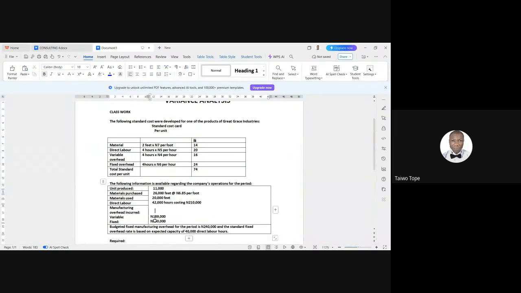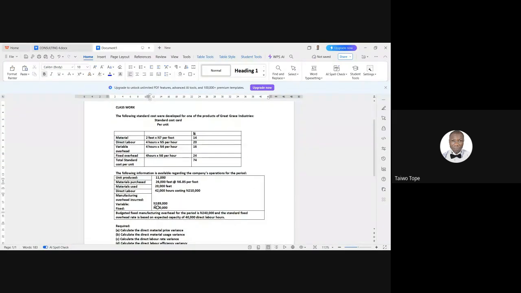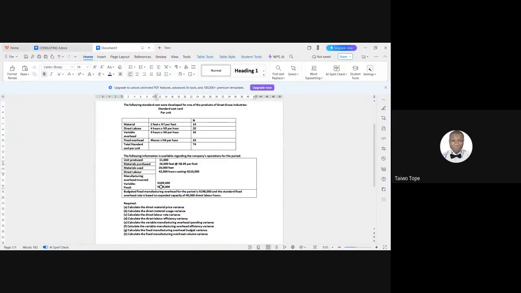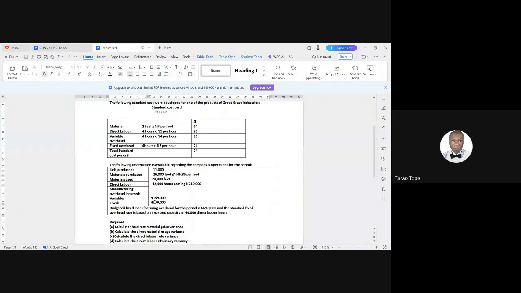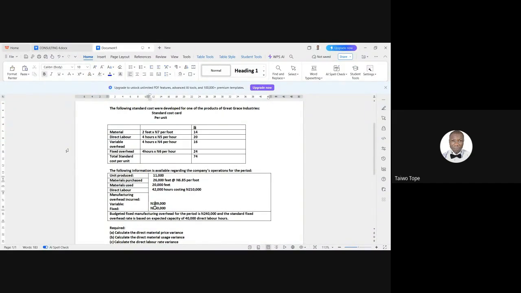So this is the classwork. Can you solve, please? I want to see your solutions. And if you have questions, ask me. You have the formulas, right? Yes, sir. Can you go up so that I can snap the questions? The required.